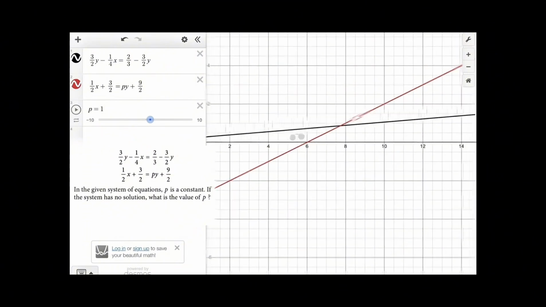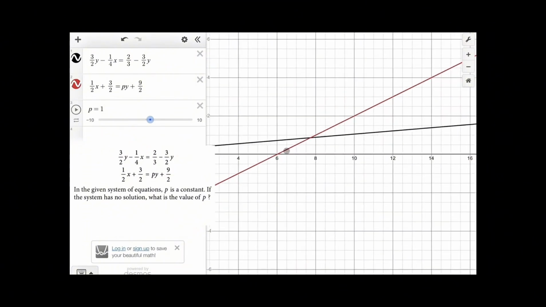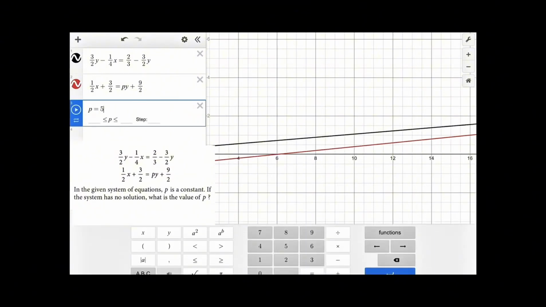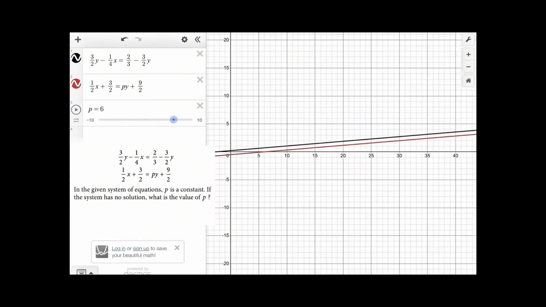So we're gonna find the value of p such that these two lines do not intersect. So we're gonna just roll this slider till the two lines don't intersect, such as right here at 6.